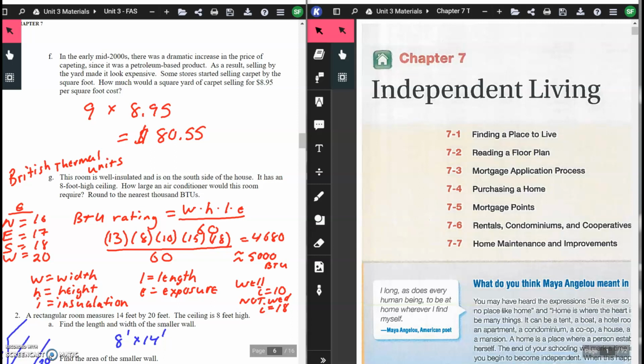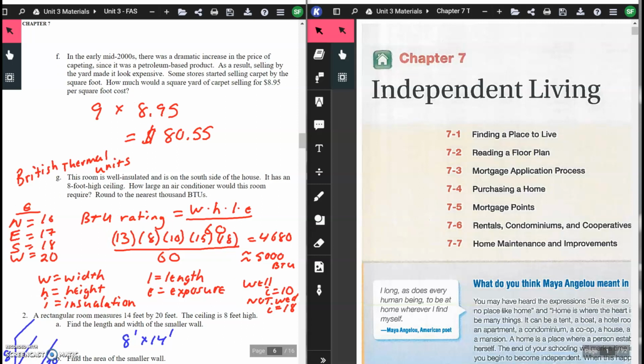So remember, there are 9 square feet in 1 square yard. Okay, so it says a carpet selling for $8.95 per square foot. Well, there are 9 square feet in a yard, times $8.95 gives you $80.55.